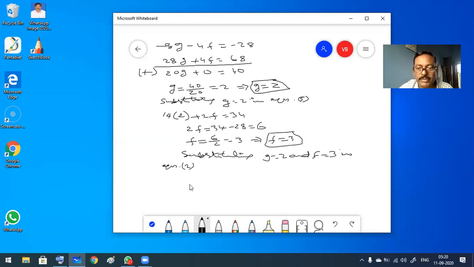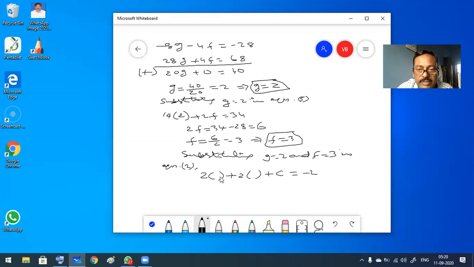Equation 2 is 2g plus 2f plus c is equal to minus 2.